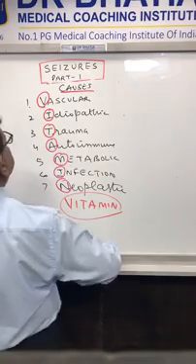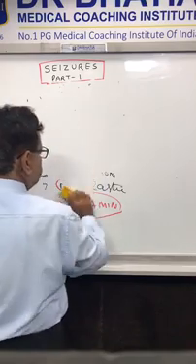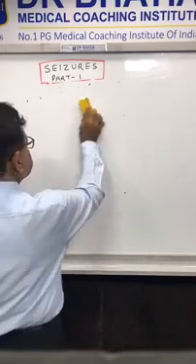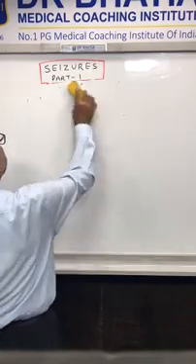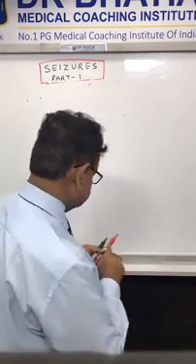Okay. Now, what are the trigger factors? What are the factors which can trigger or precipitate seizure disorder?